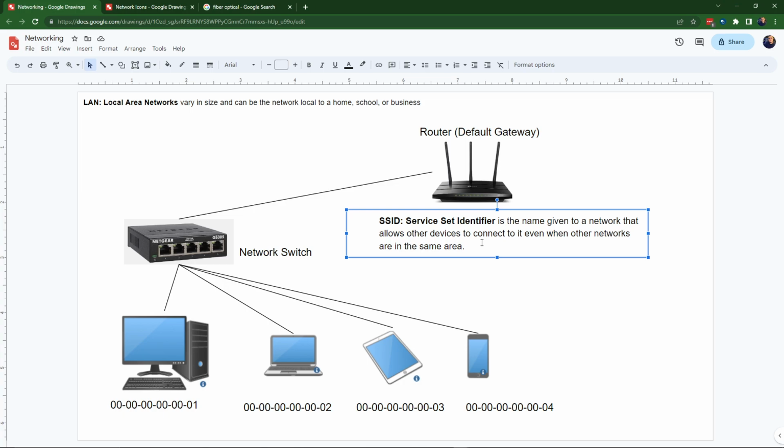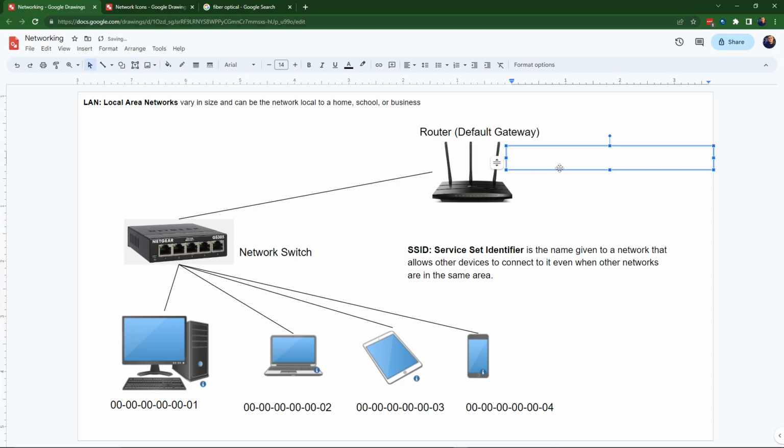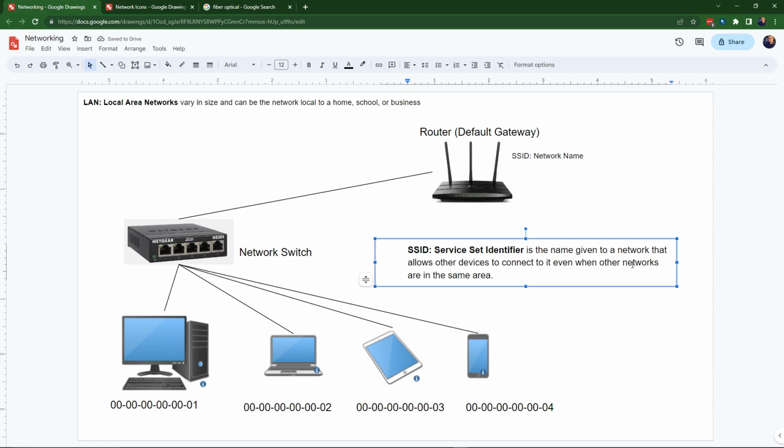So the router has some sort of SSID with it. And let's add this over here. So like that, we'll say SSID, and this is the network name. So whatever the name of your network is, that's the SSID of the network. We're going to make it a little bit smaller so we have enough room to add things. Now the service set identifier allows all of these devices down here to connect to the network.